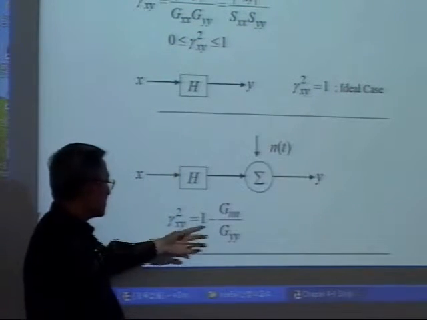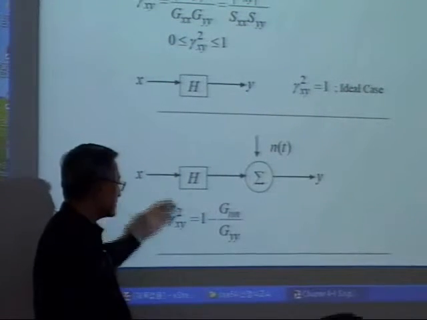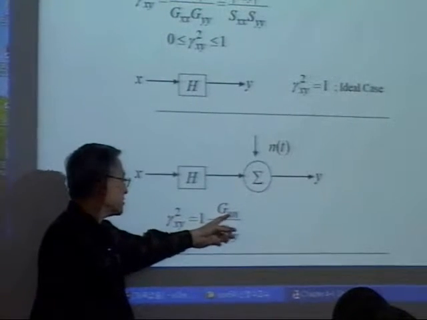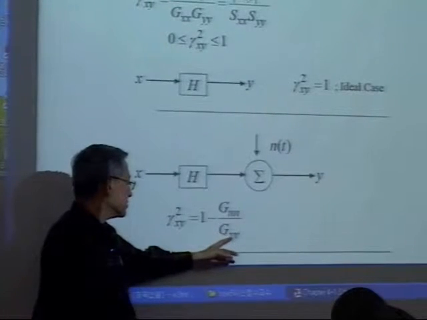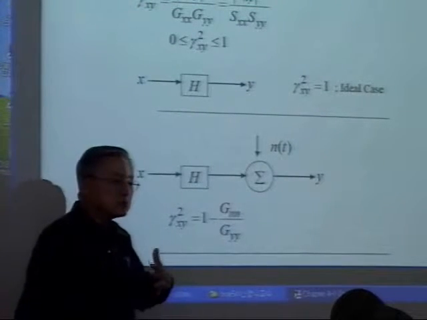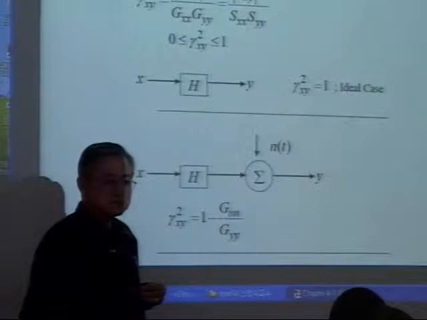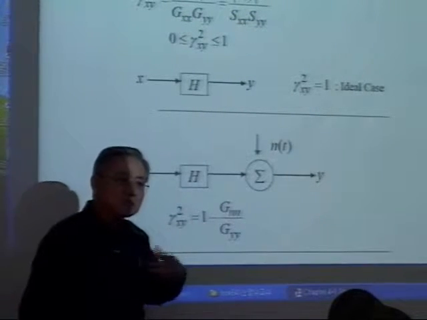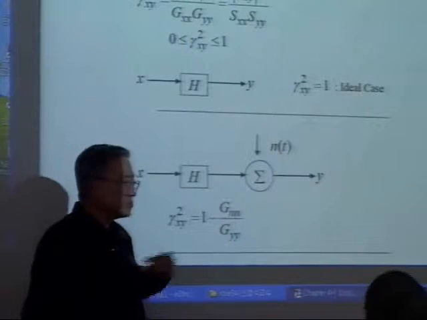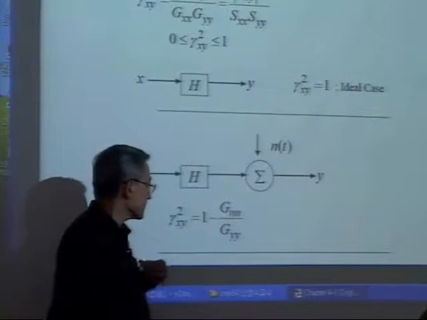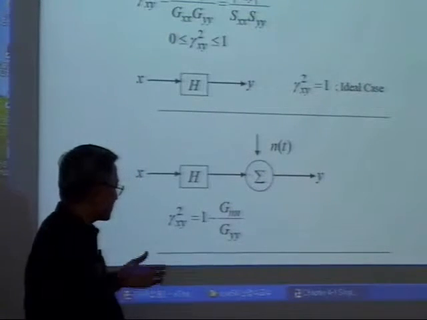Then you learned, for the last few weeks, gamma xy square is 1 minus GNN over GYY. Usually GNN is unknown. Sometimes it's calculable using the measured signal or measured spectra.